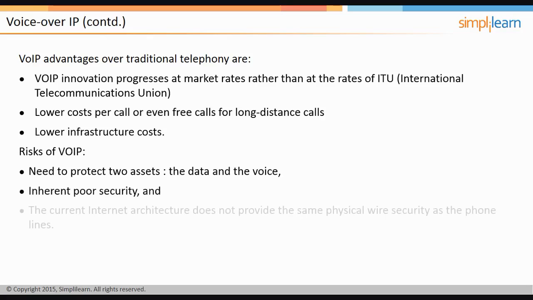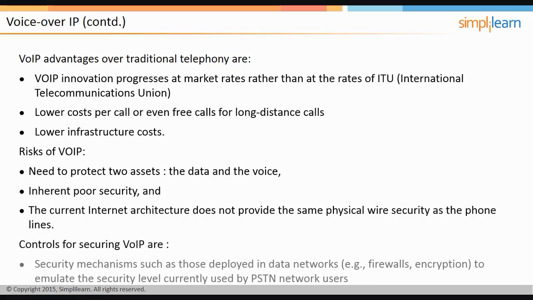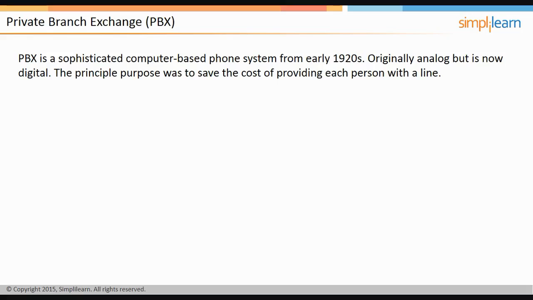The current Internet architecture does not provide the same physical wire security as the phone lines. Controls for securing VoIP involve implementing security mechanisms such as those deployed in data networks, for example, firewalls and encryption, to emulate the security level currently used by PSTN network users. In the next screen, we will discuss private branch exchange, PBX.